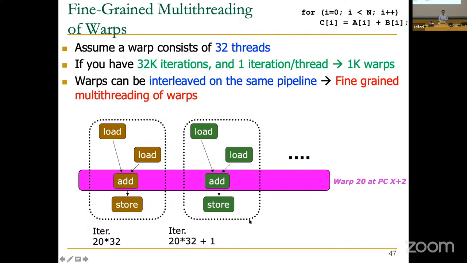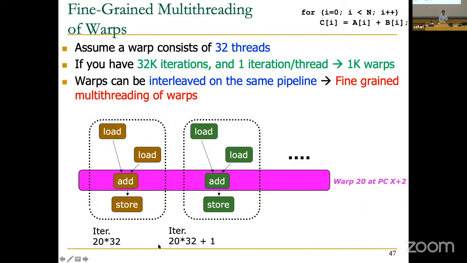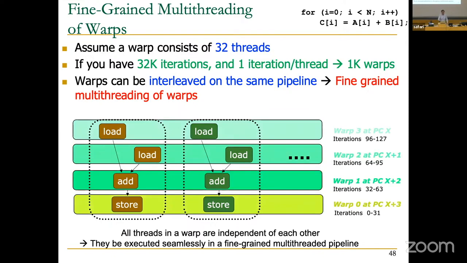And then warp 20 should be executing the add, because we set PC at X plus 2, in iterations 20 times 32 through 20 times 32 plus 31. So all of those 32 iterations will be executed by this warp that's executing this add. And then this warp will move to the next instruction, which is the store, because each warp is executing its iterations. Okay. So let's take a look at the fine-grained multithreading.